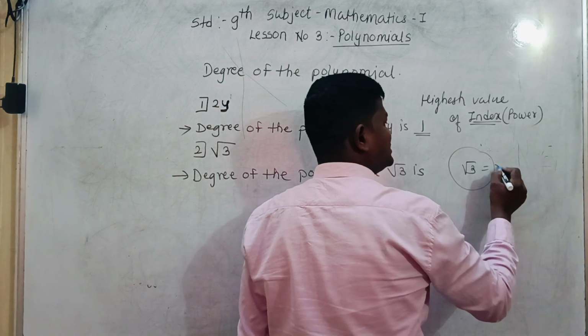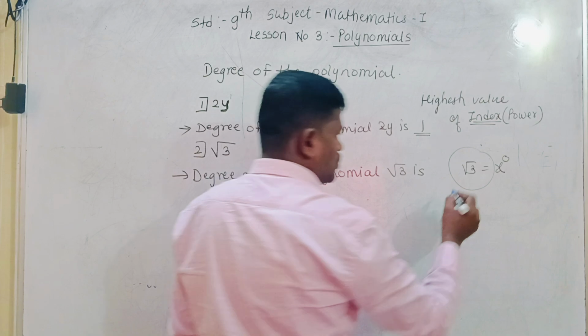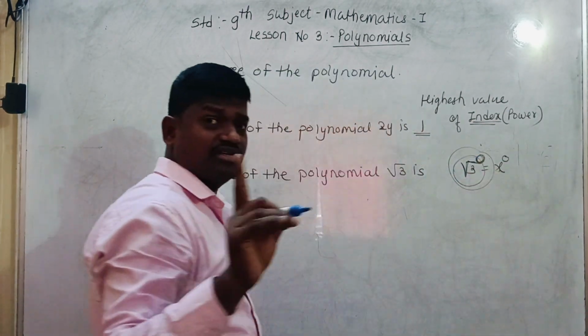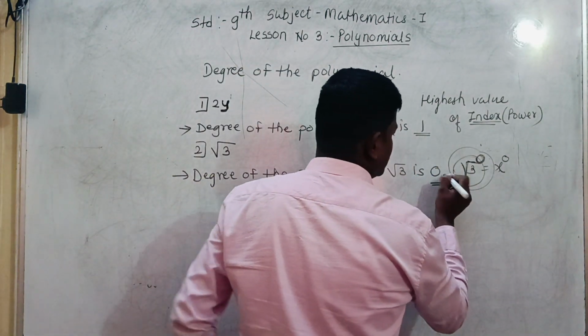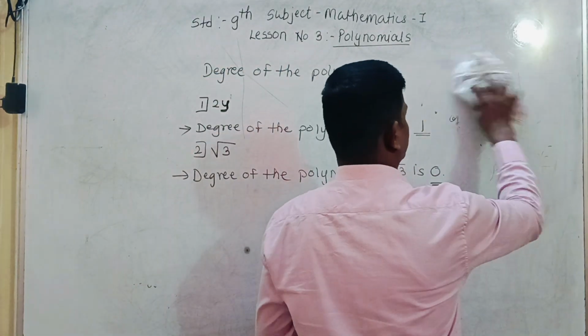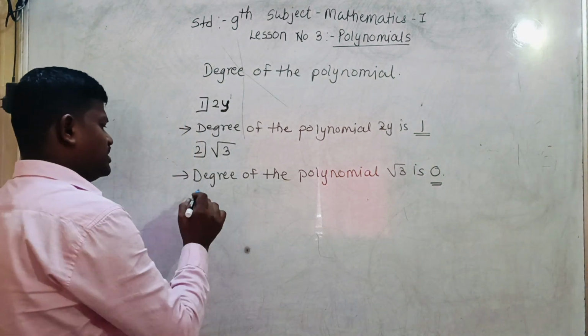Root 3 means the x value is 0. So a number alone always has degree 0. So the degree of the polynomial root 3 is 0.